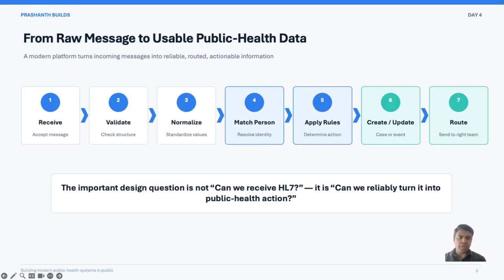Then we determine whether the result meets the rules for public health follow-up. Depending on the condition and the existing information, the system may create a new case, associate the result with an existing investigation, or send it for additional review. Finally, that information needs to reach the appropriate public health team.